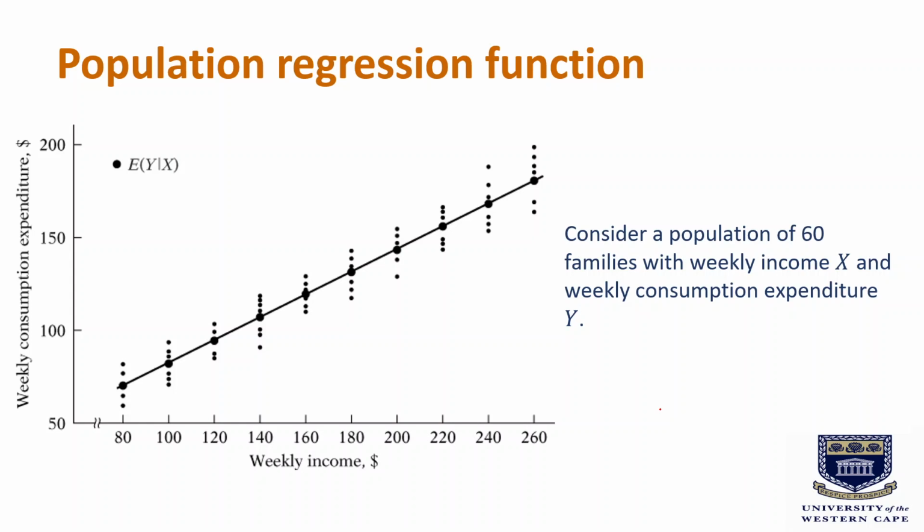So on this slide, we've estimated a regression function. So this line over here is essentially given by beta 1 plus beta 2 x.